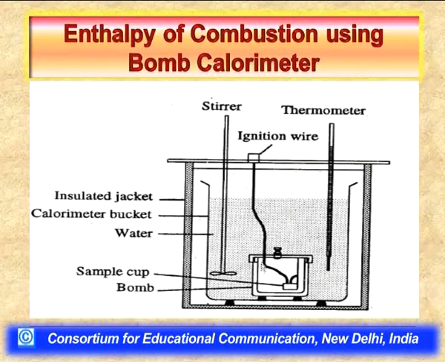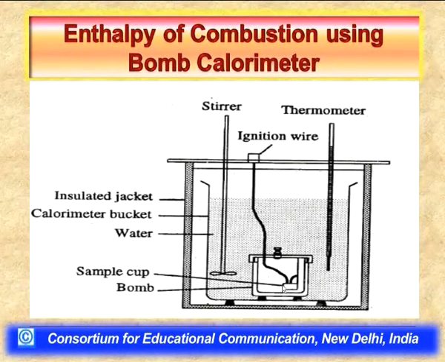The heat released by this combustion process is absorbed by the calorimeter as well as the water enclosing this calorimeter, which is finally sealed with the help of an adiabatic valve.